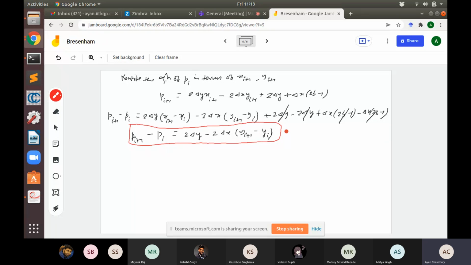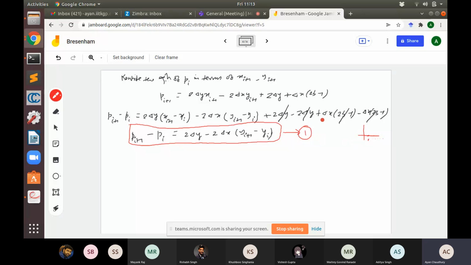So now we have an iterative procedure to determine which pixel to turn on and progress on the x-axis by a step of 1. You start with pixel 1, find the pi plus 1 values, and go through 1, 2, 3, 4, 5, 6, 7, 8 and so on.